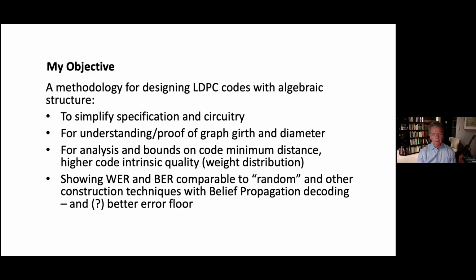I'd like to see if I can get some bounds on the minimum distance of the code, and get better weight distributions, few cycles and very few close codewords. Ideally, I'd show that you'd get at least waterfall region performance comparable to current construction techniques, and maybe a better error floor if you can get a better minimum distance. Those are the things that were motivating me.